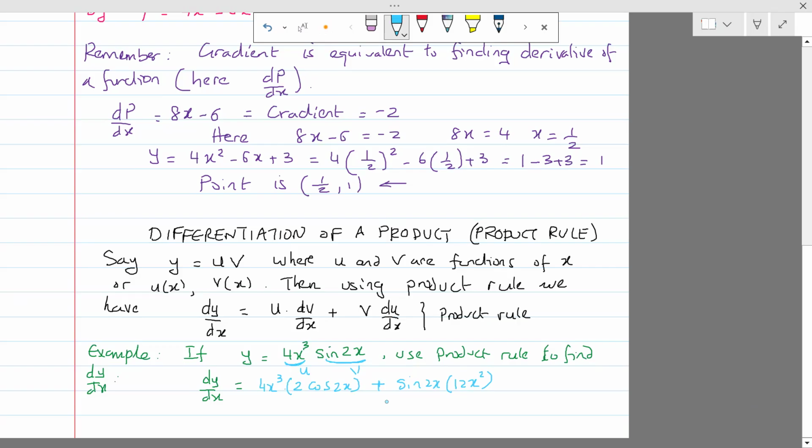And finally, I'm going to have dy by dx equals 2 times 4x cubed cos of 2x plus 12x squared sine 2x. This is the product rule. Okay, now what we will do, we will continue on the next page.